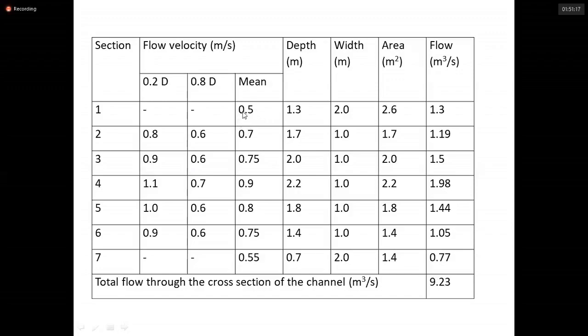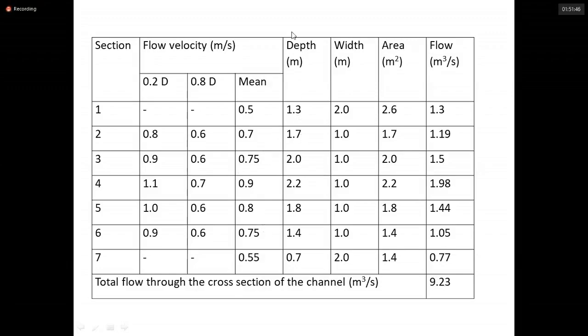So you can directly put the velocity in the mean column. For the other sections, how to calculate the mean? 0.8 plus 0.6 divided by 2 is 0.7. Here 0.9 plus 0.6 divided by 2 is 0.75. Likewise, you have to calculate the mean values.